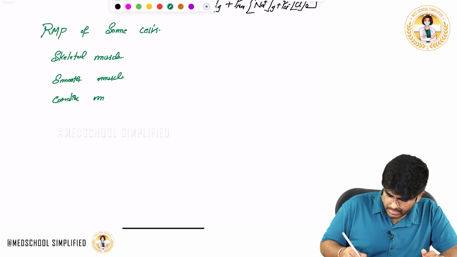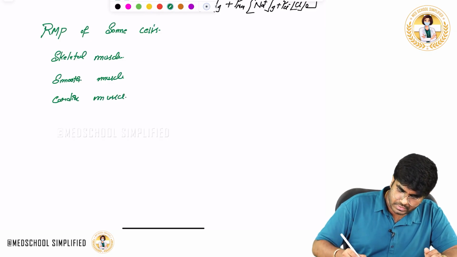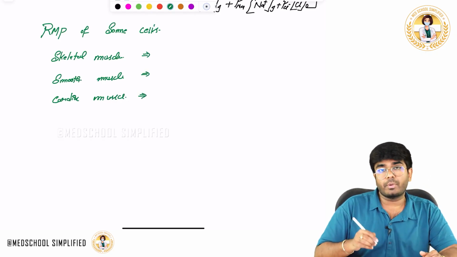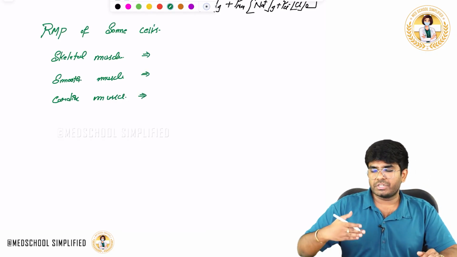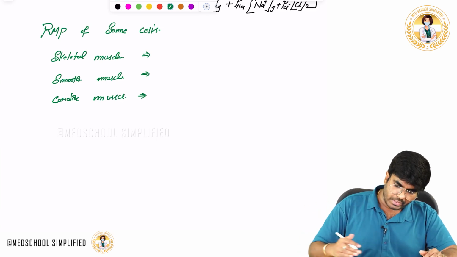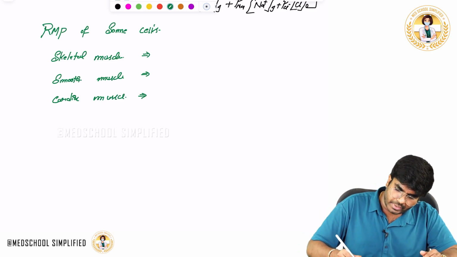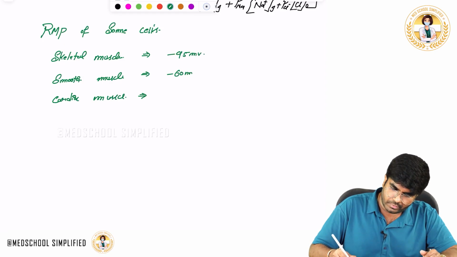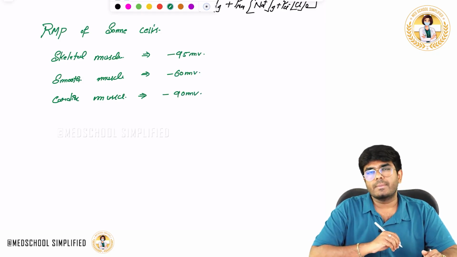The skeletal muscles have a resting membrane potential due to potassium, sodium as well as chloride. The resting membrane potential is -95 millivolts. Smooth muscle -60 millivolts. Cardiac -90 millivolts.